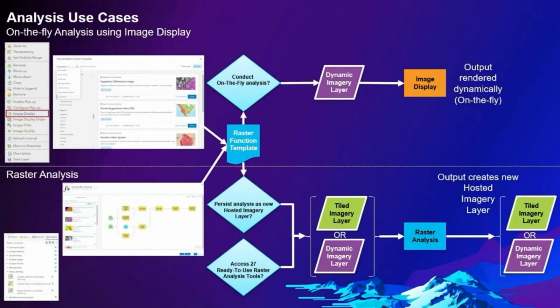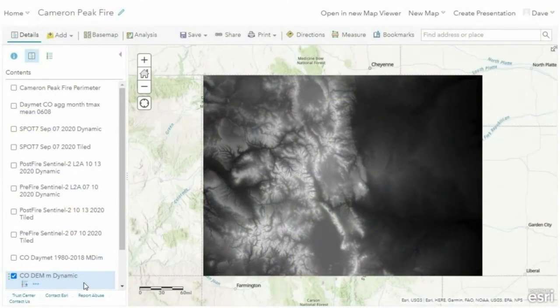Raster analysis also includes a powerful web-based raster function editor to customize your analysis, and a growing set of advanced image analysis tools that are ready to use on your imagery layers, all accessible from within a web map. Considering these two scenarios can be a helpful approach to understanding which hosted imagery layer type best supports your use cases. Let's return to the Cameron Peak fire scenario for some on-the-fly analysis using dynamic imagery layers.